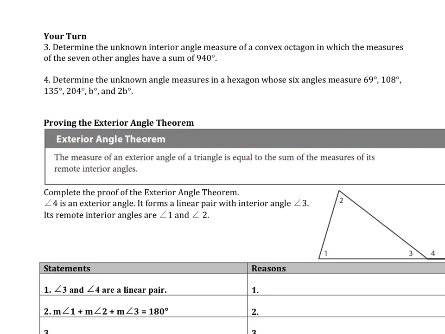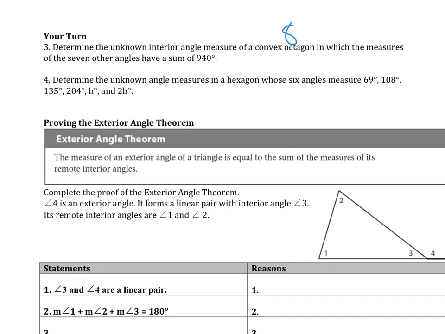All right, let's look at a couple ones that are now word problems, but the same idea. So number 3 and 4 you can do on your own, but I'm going to help you out a little bit to get started. So this is determine the unknown interior angle measure of a convex octagon. So for an octagon, how many sides are there? 8. Octa, like octopus, there are 8.